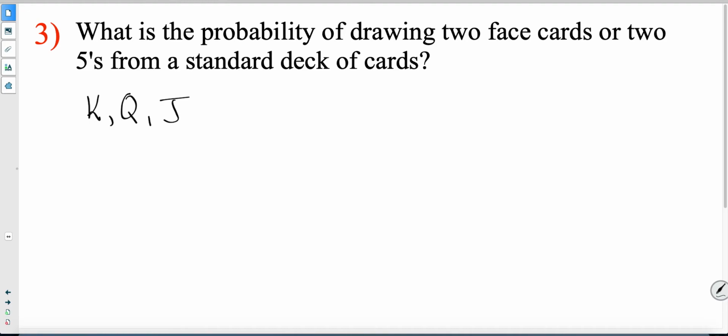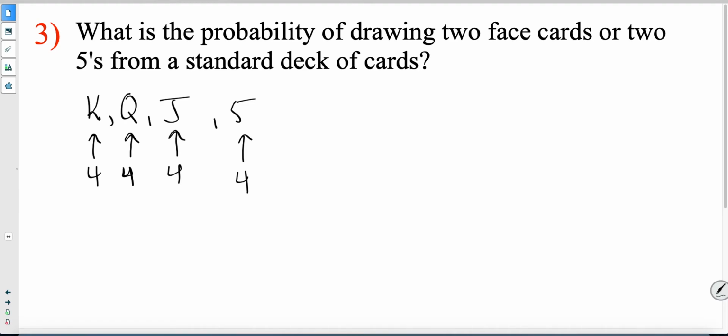And then 2 5s. How many 5s do we have? There are 4 of those. There's 4 of each one of these, and the 5, we got 4 of those.